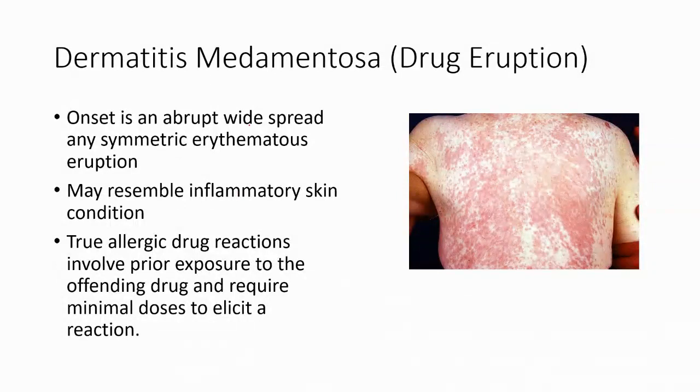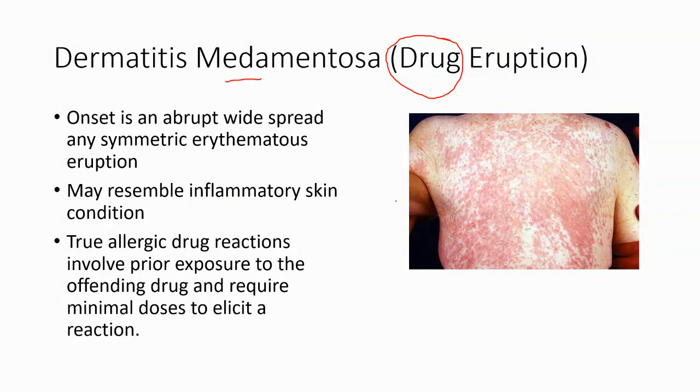This next one is dermatitis medicamentosa, or drug eruption. So it's a reaction generally to a drug. If somebody has a reaction, a skin reaction to a medication. Onset is an abrupt and widespread symmetric erythematous eruption. So all over the whole body here.